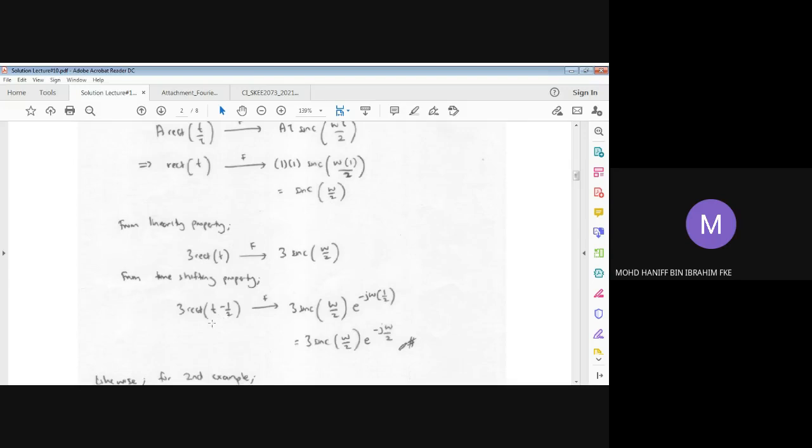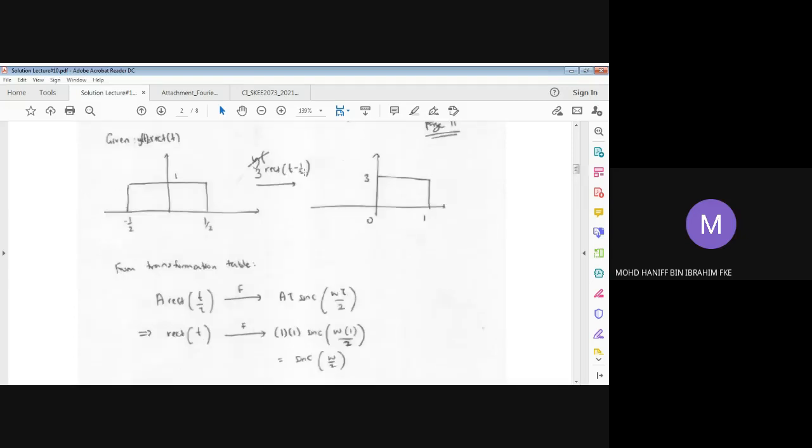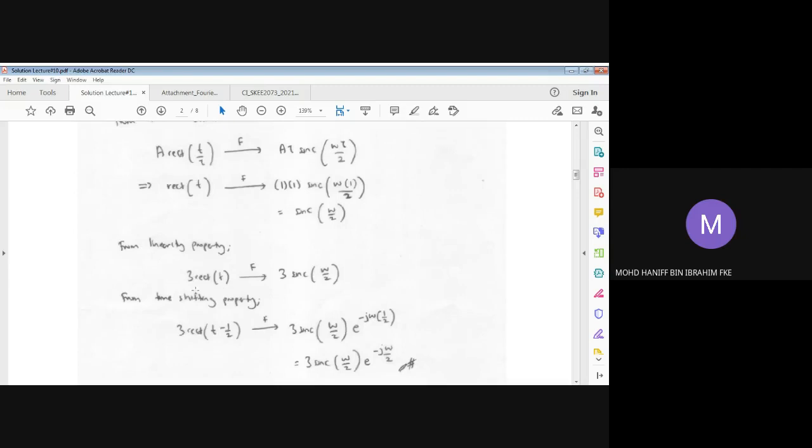So to repeat what we did in this example, because the signal is 3 rectangular T minus half, the first step obeys the linearity property. Multiplying by 3 in the time domain results in the same multiplication in the frequency domain. And we have a time shift in the time domain, which is half.